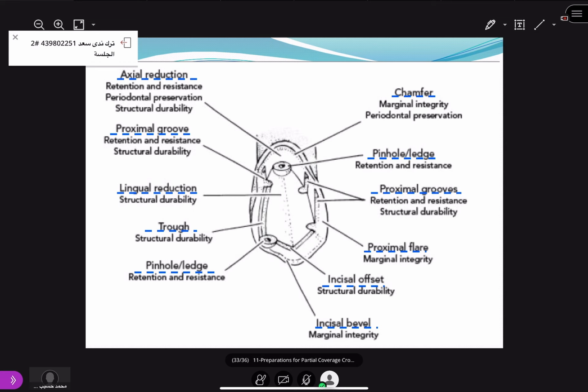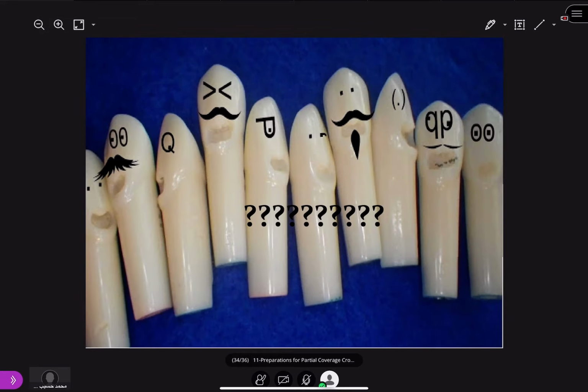The trough which we create provides structural durability, and lingual reduction provides structural durability. The axial reduction provides retention, resistance, periodontal preservation, and structural durability. So all these features we incorporate in the preparation for the pin modified 3/4 partial coverage crown for anterior teeth.